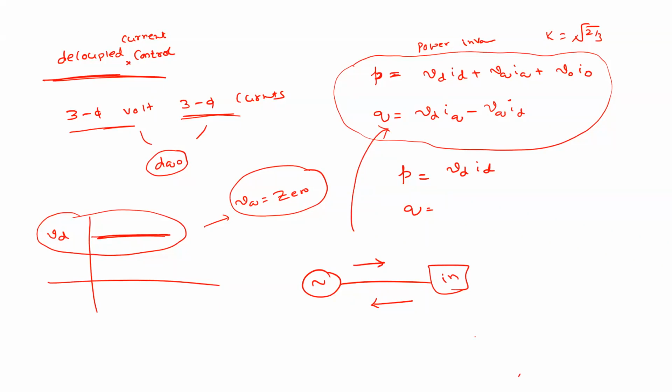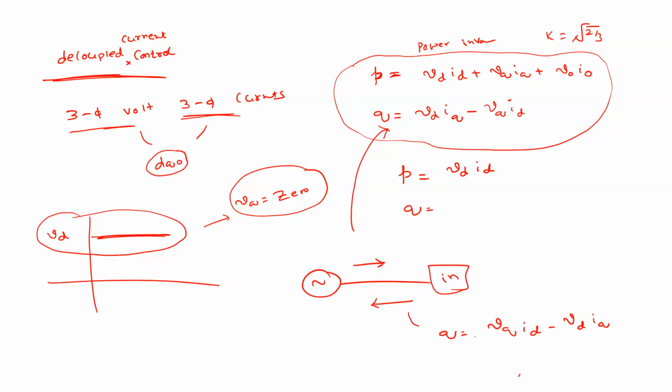In that case Q is just the reverse, VQ into ID minus VD into IQ. Understood? Both are the same, we just need to use the negative symbol.